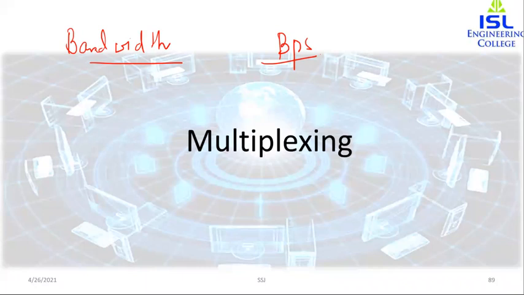Sometimes we need to combine several low bandwidth channels to make use of one channel with a larger bandwidth. So whenever we are talking about the term bandwidth, we automatically hear this term, which is multiplexing. Efficient utilization of bandwidth can be achieved by the technique known as multiplexing.